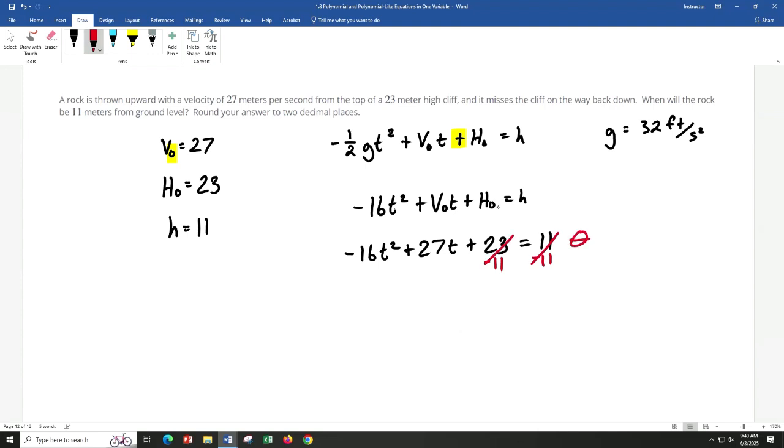This right here is going to go to what, 12? Can rewrite negative 16t squared plus 27t plus 12 is all equal to 0. And you know what? I don't even want to be thinking. How about we just do a, b, and c, and let's use our quadratic formula to go ahead and factor this guy.